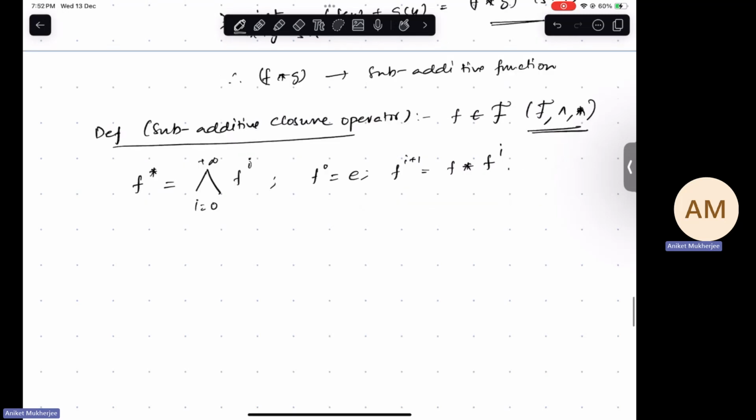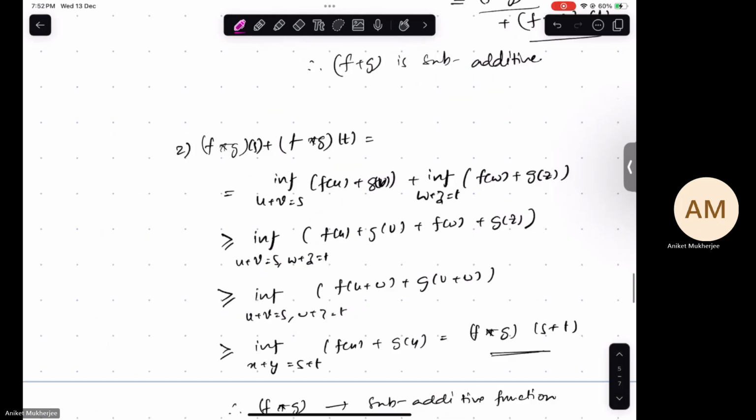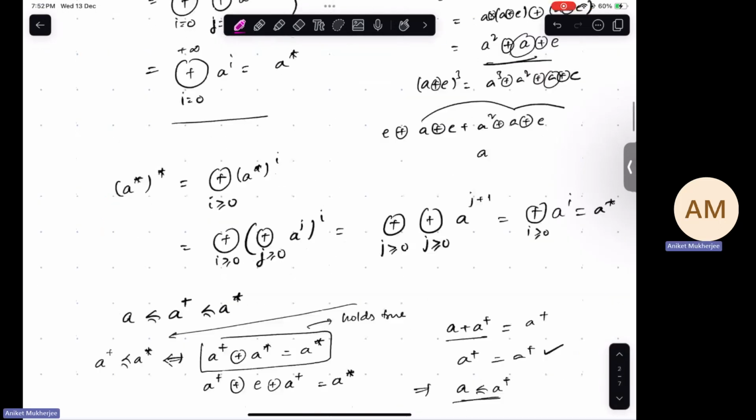We have shown that this is a dioid, right? Yeah, so this is the Kleene star operator on the dioid F, min, convolution. Okay, so we'll stop here for today.